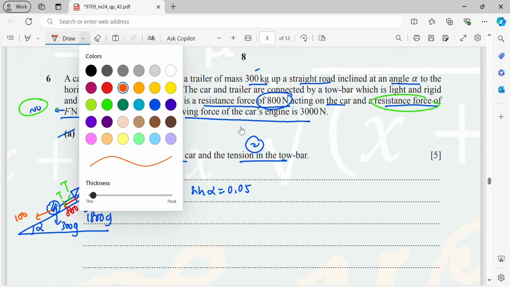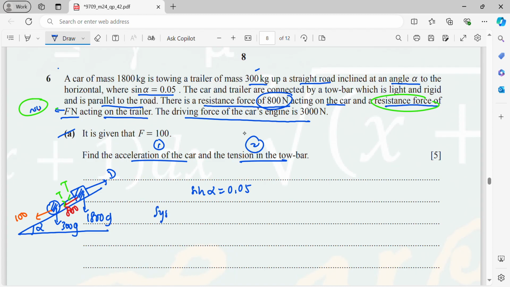From here I can just consider the whole system. Okay, F equals ma, Newton's second law, and I'm considering the forces parallel to the plane. Now this is going up, so a is positive when it is moving up, which means all forces pointing upwards will be considered positive.